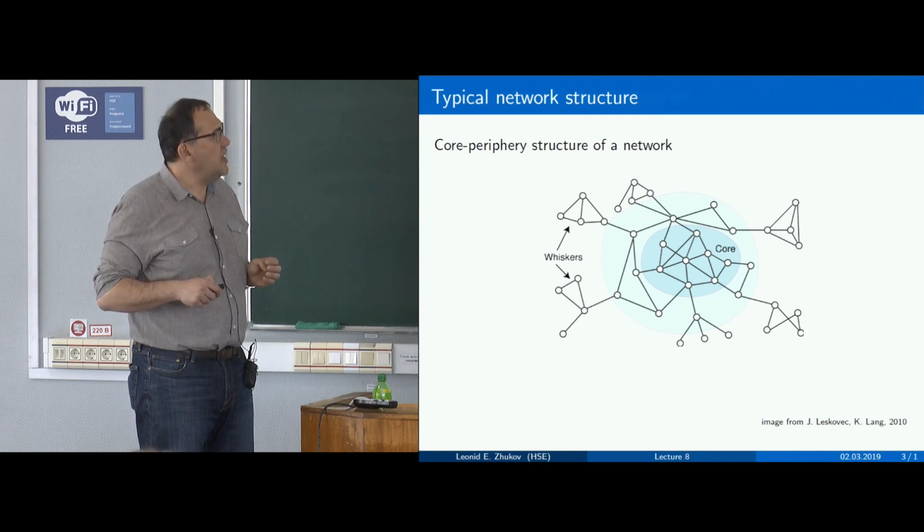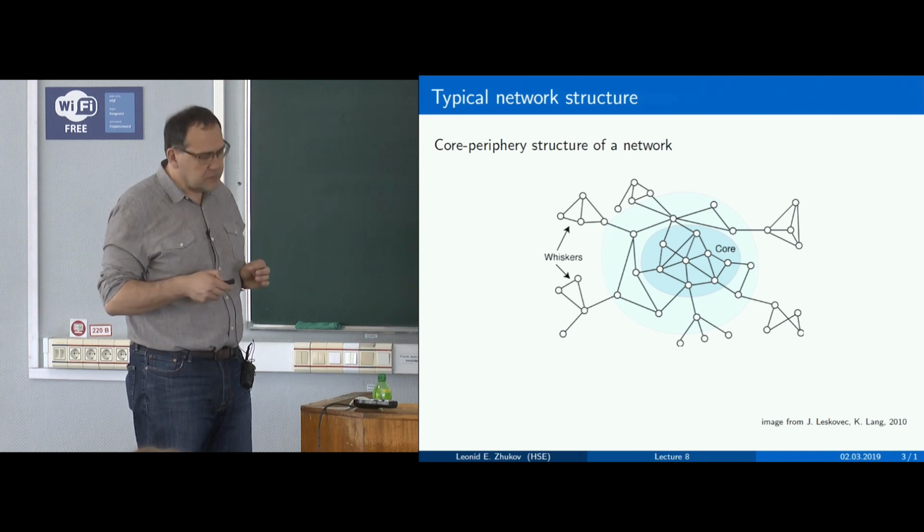And then quite often you have these long pathways hanging out, and the authors call them whiskers in their paper. So groups of nodes that are connected, but then there is usually a long path to the core. If I bring it back, you realize here that this group is connected, but there is a long path to the major part of the graph.